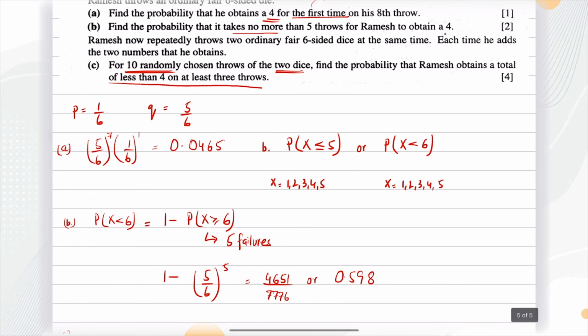So here we're talking about 10 randomly chosen throws. In what distribution is the number of trials fixed and the probability of success and failure also fixed? It doesn't happen in geometric distribution. Binomial distribution. So this part of the question involves binomial distribution.